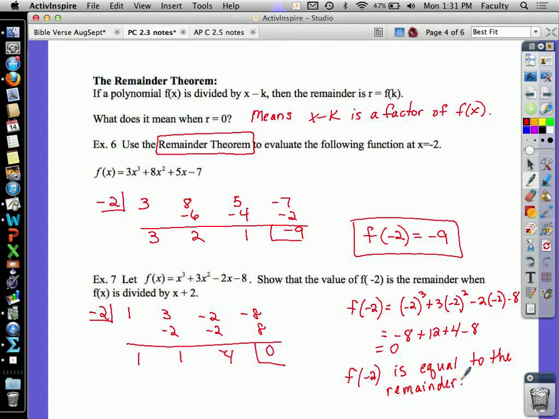And so we've just shown that. All right, so again, the remainder theorem says if f of x is divided by x minus k, then the remainder equals f of k.